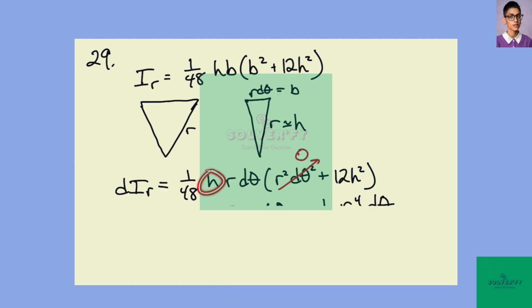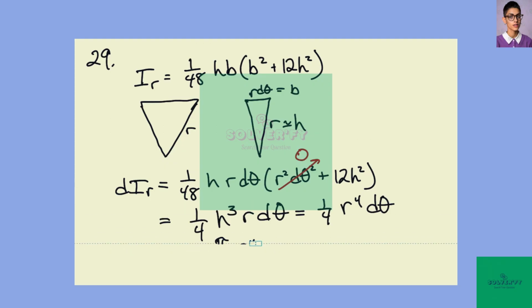We know h is roughly r, and as θ gets small, h goes to r, and we wind up with this expression here.